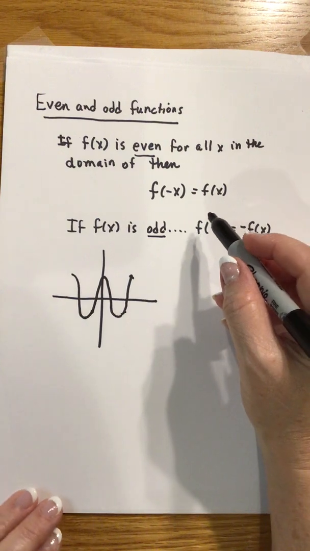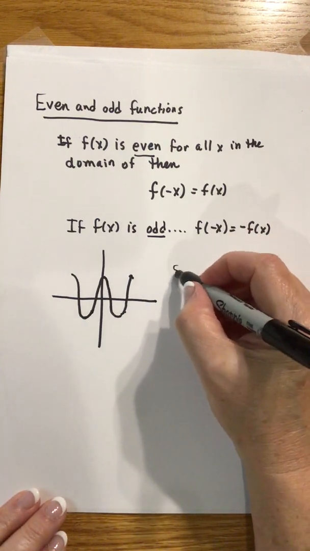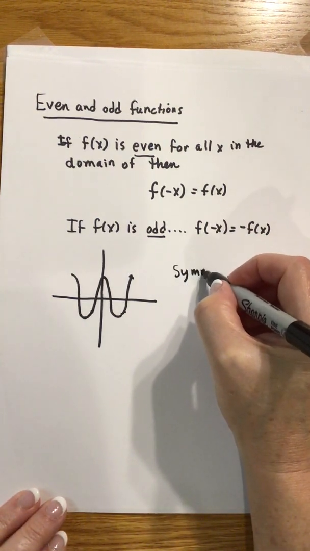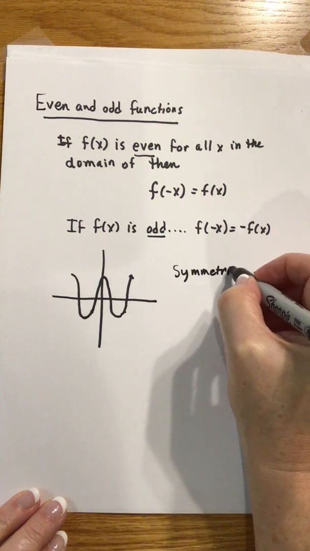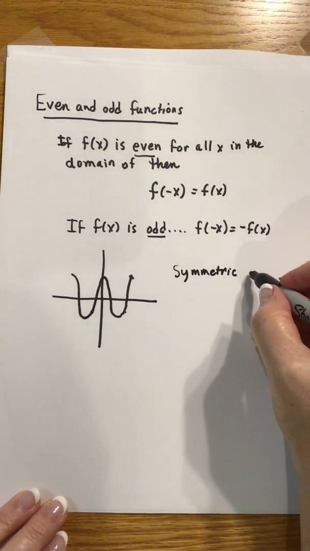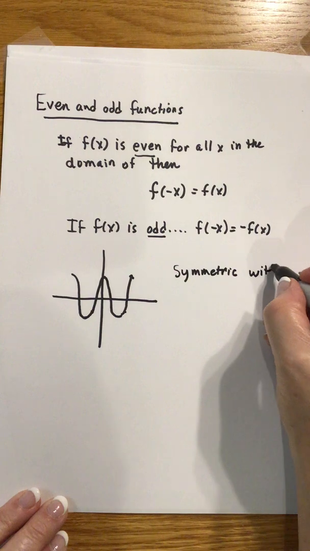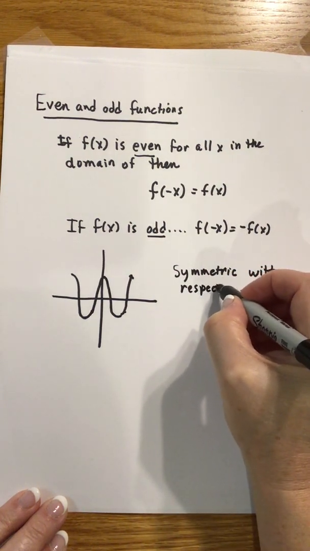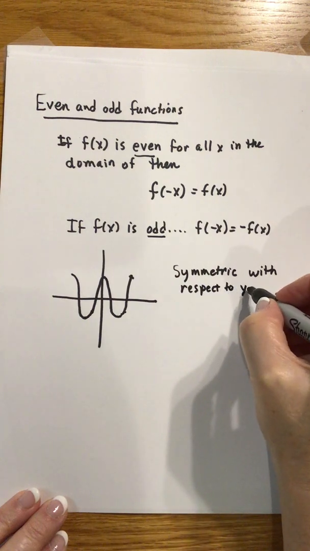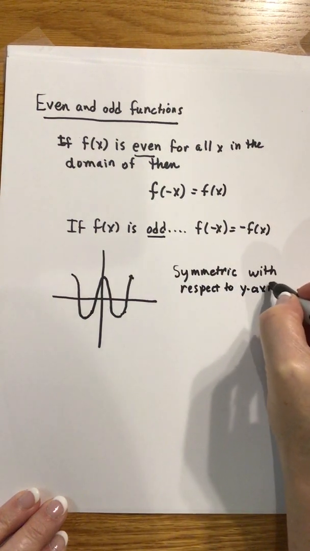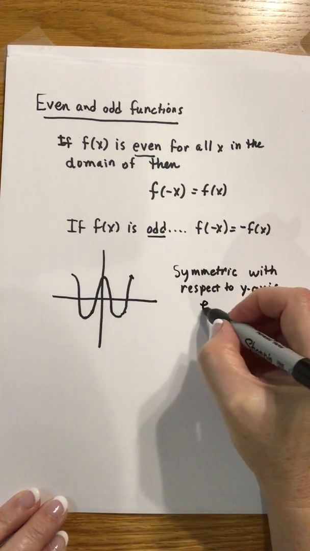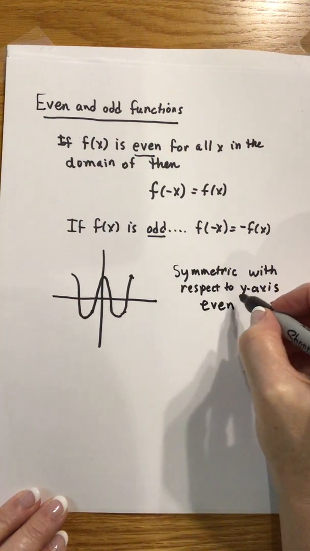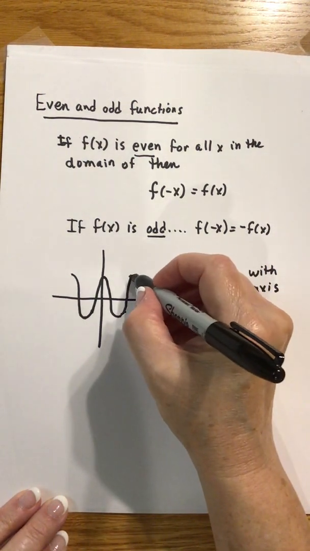So we said even is going to be symmetric with respect to the y-axis. Now what does it mean with respect to the y-axis?